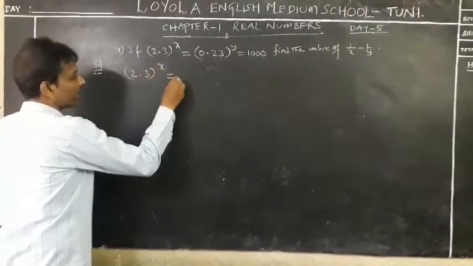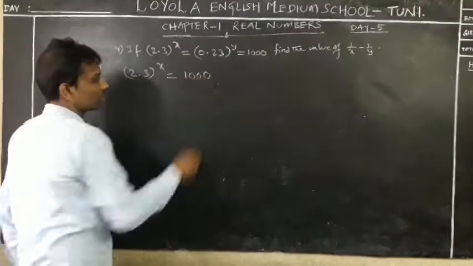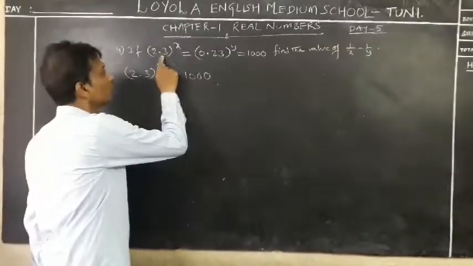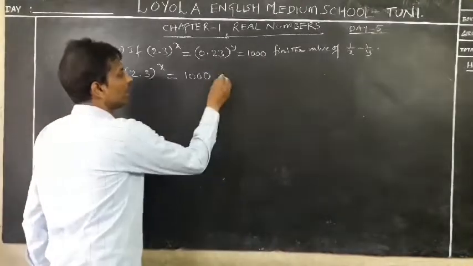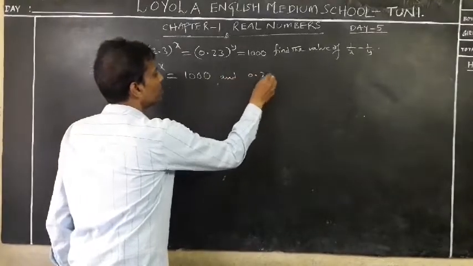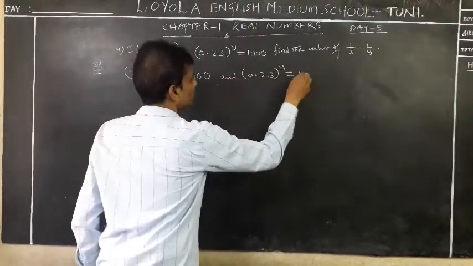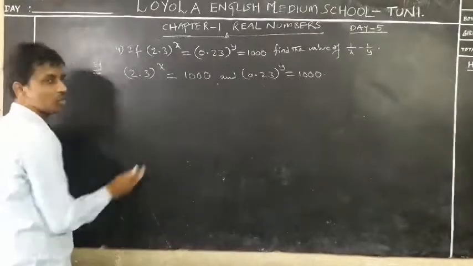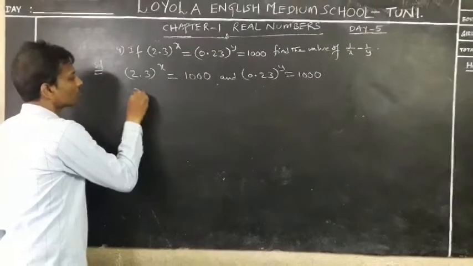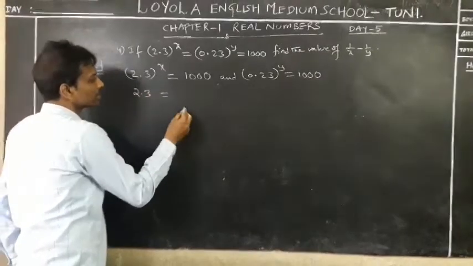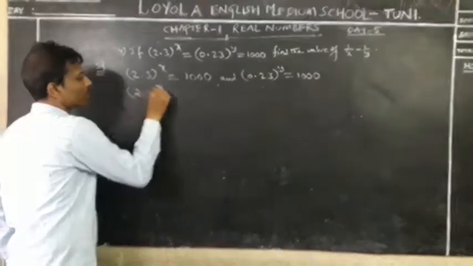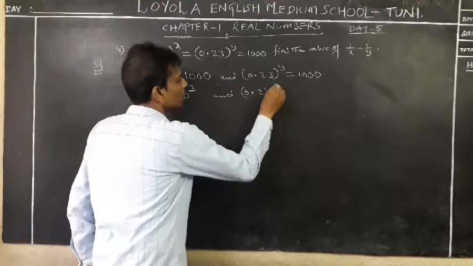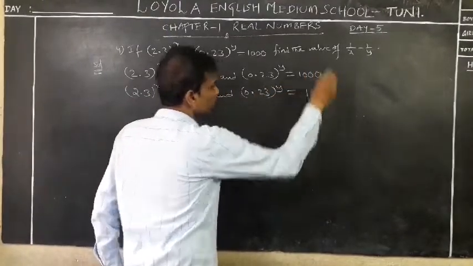(2.3) whole power x equals 1000. Anyway, all these three quantities are equal. So can we equate (2.3) whole power x is equal to 1000? Yes. And (0.3) whole power y is equal to 1000. Now from this, (2.3) whole power x is equal to 10 cube and (0.3) whole power y is equal to 10 cube.